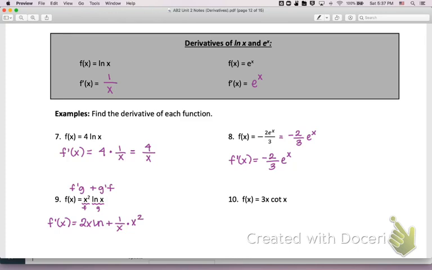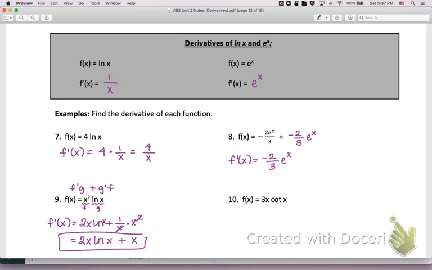Now we can see that in that second term, we can do a little bit of simplifying. So we get 2x natural log of x, and then it's just going to be plus x because this is going to divide out with one of those x's. And so that's our derivative.